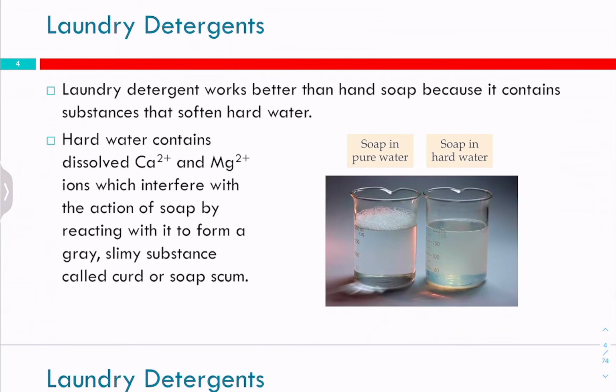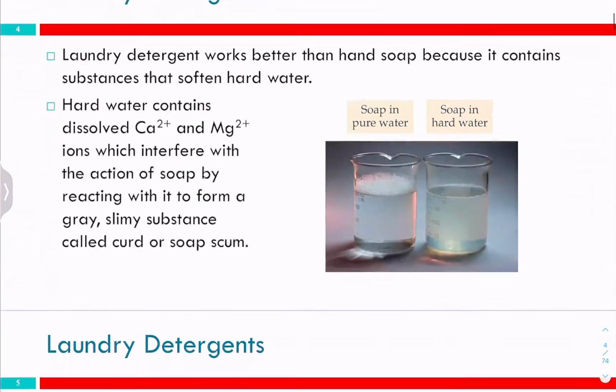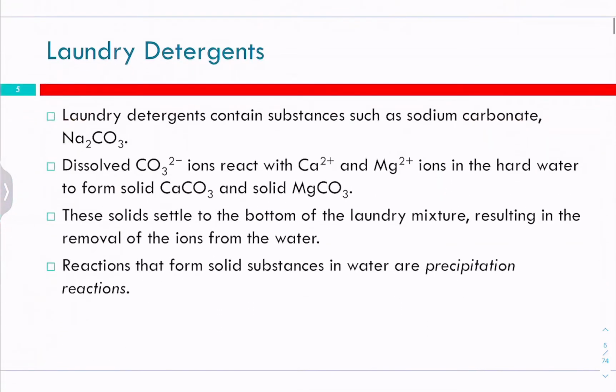They get in the way of soap, cause side reactions, and create soap scum, and your clothes won't come out as clean. But sodium carbonate, not bicarbonate, will react with calcium and magnesium and form solid calcium carbonate, which is also limestone, and magnesium carbonate. Once those solids are dropped out of the solution, removed from the liquid, the soap can actually work better at cleaning your clothes.